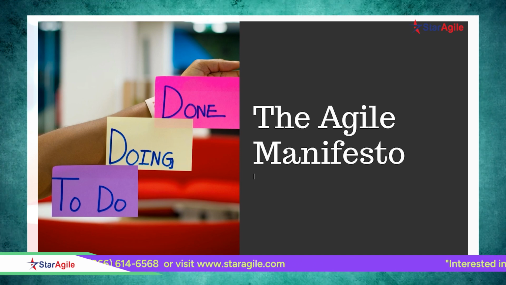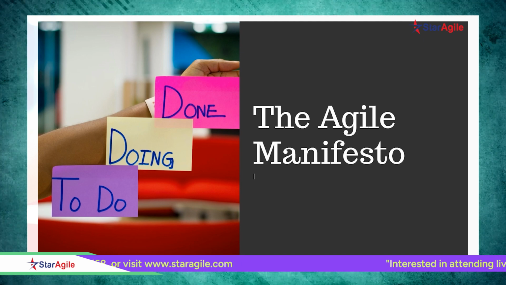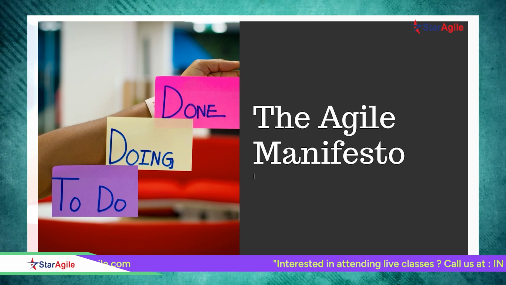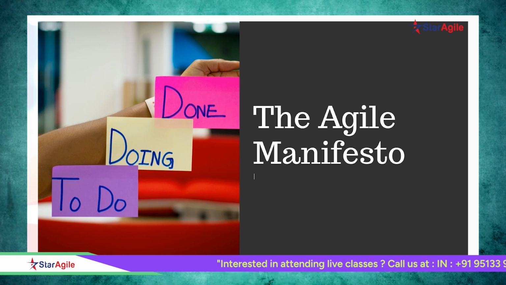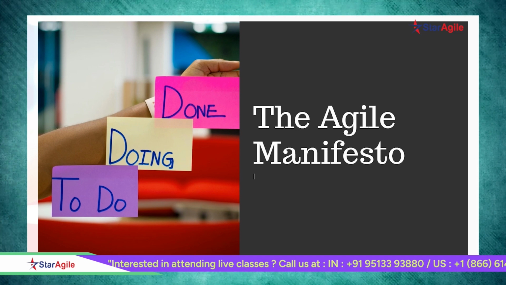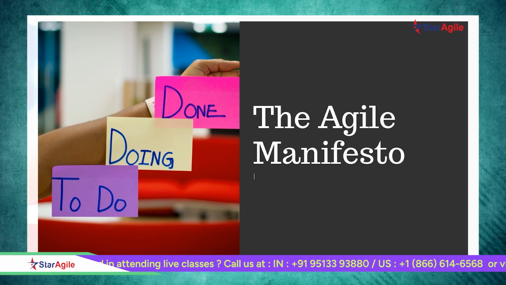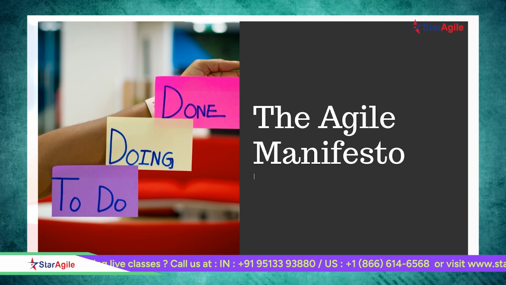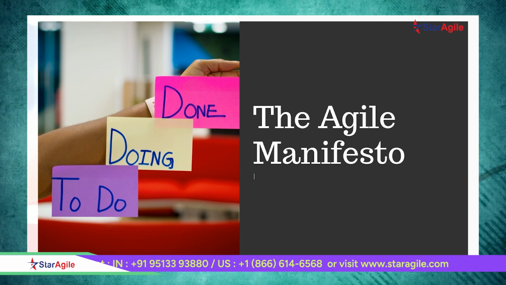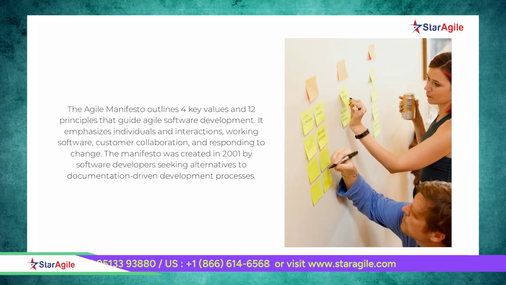This pivotal movement marked a departure from traditional rigid methodologies to a more flexible iterative approach. As we delve into the Agile Manifesto, keep in mind that it's more than just a document. It's a mindset that has revolutionized the way we think about project management and team collaboration.